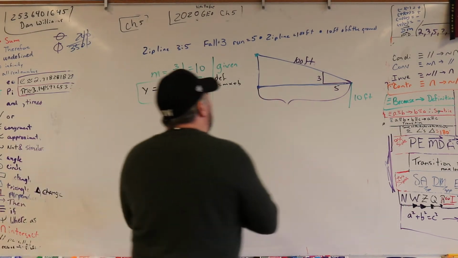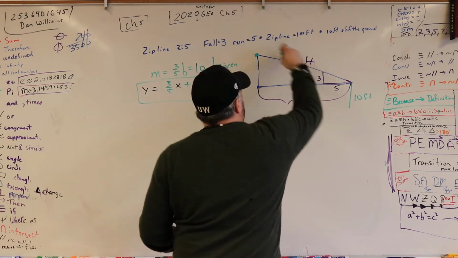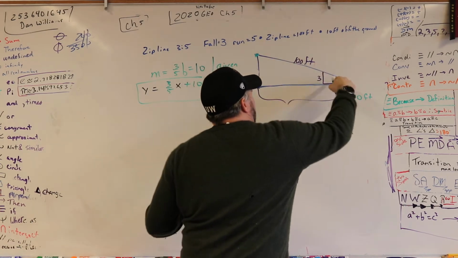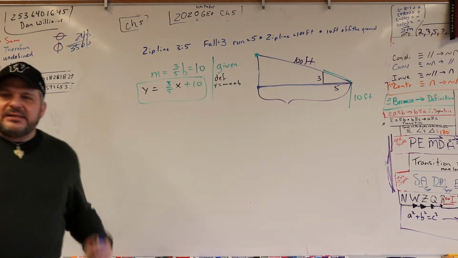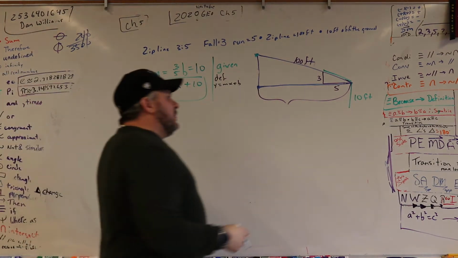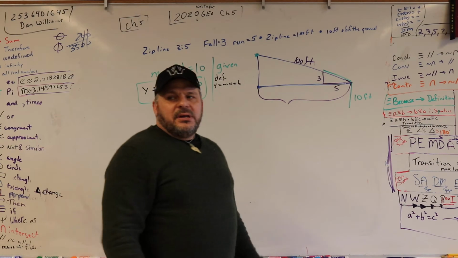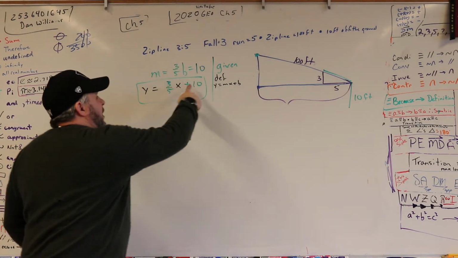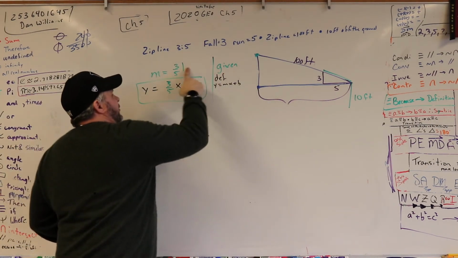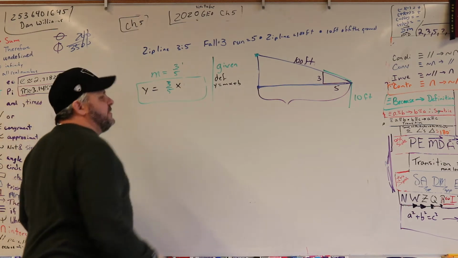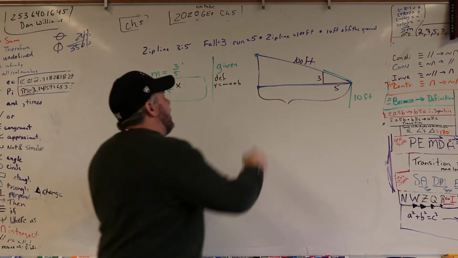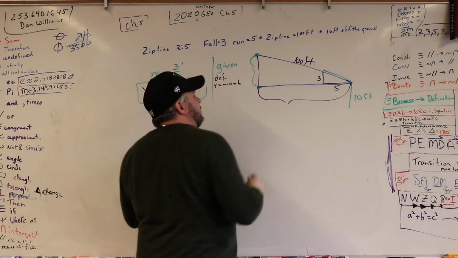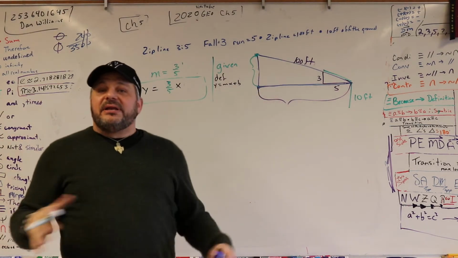If I know that this is 100, then I've got to find out what this is. That's the only way I can find similarity. Now the slope is going to be the slope, but the b is not going to be 10, so I cannot do that. I need to find how high this is before I can do anything.